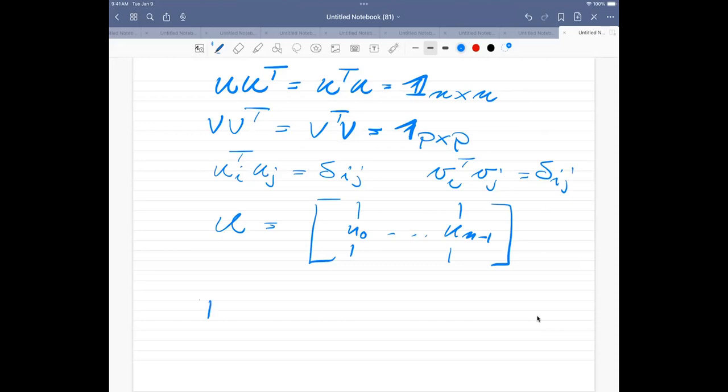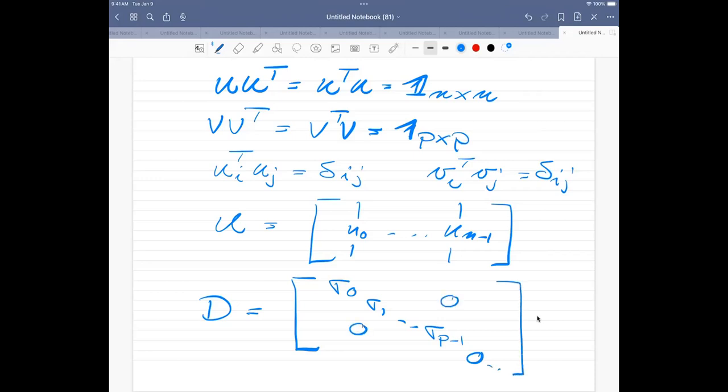The matrix D, on the other hand, contains what we call the singular values. So that matrix could contain sigma_0, sigma_1, and then it has non-zero values up to the rank of the matrix. And then we have zeros. These values can be sorted.